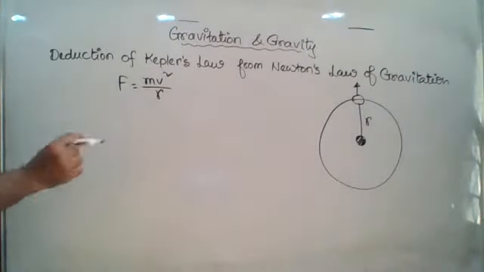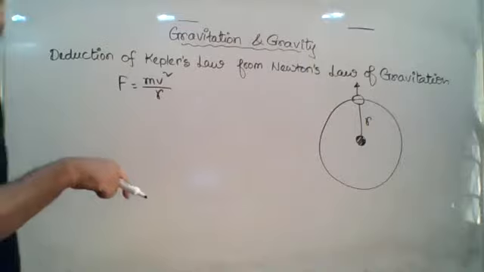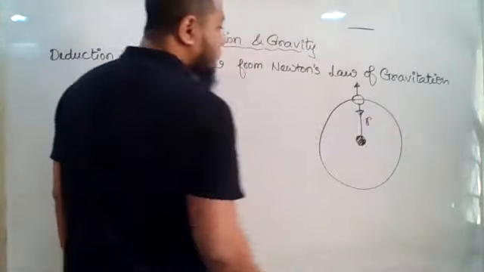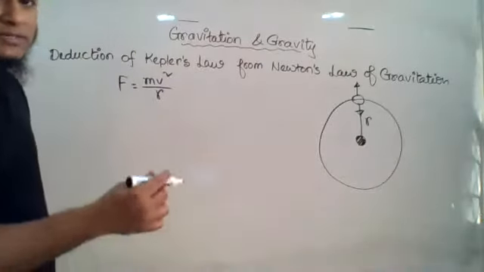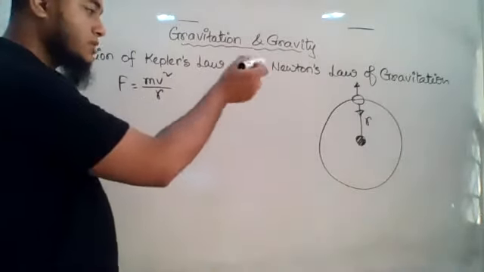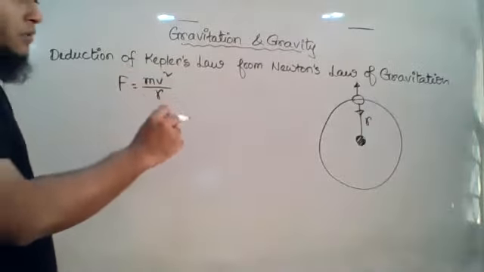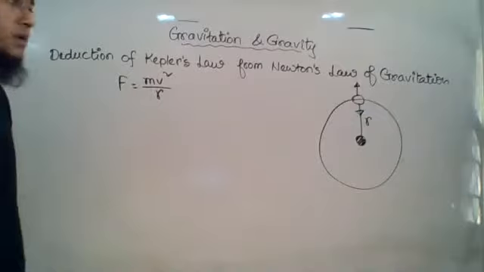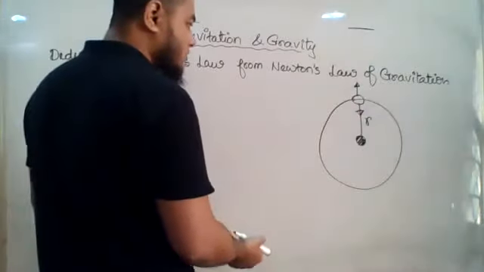If we want the planet to stay in its orbit, we have to produce another force in the opposite direction that will balance the centrifugal force and keep the object in the orbit. This attraction force is the force of gravitation, right?